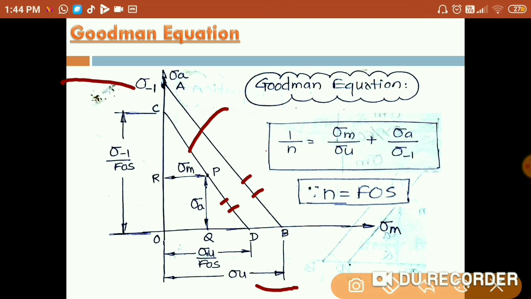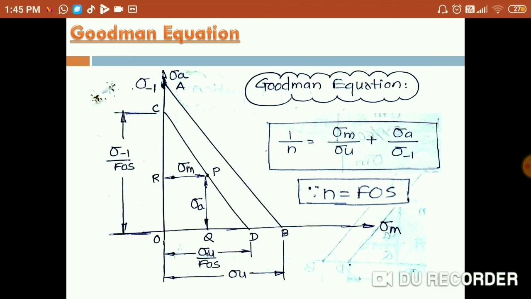Now if you solve this by considering similar triangles COD and PQD, the equation we get is 1 upon n is equal to sigma m by sigma u plus sigma a by Se, where Se is the endurance limit for the component.